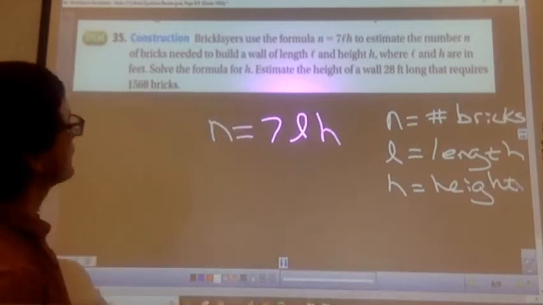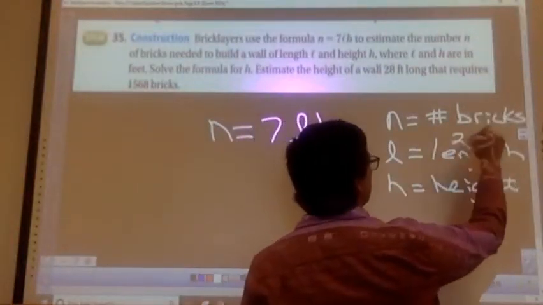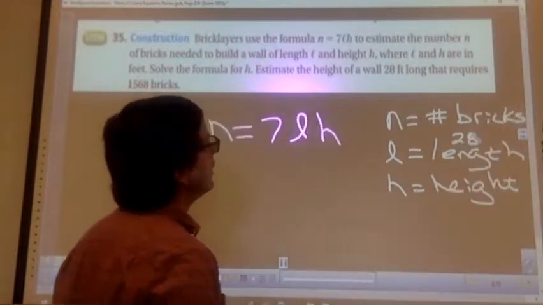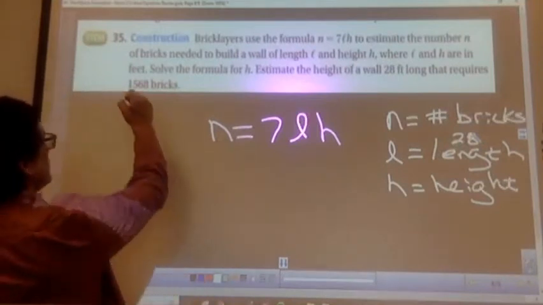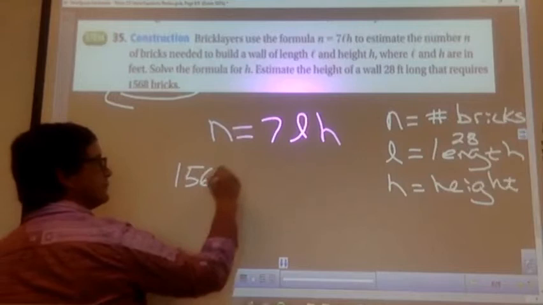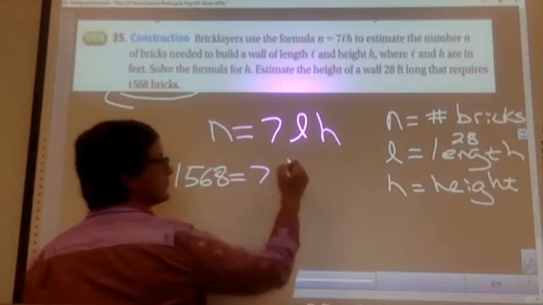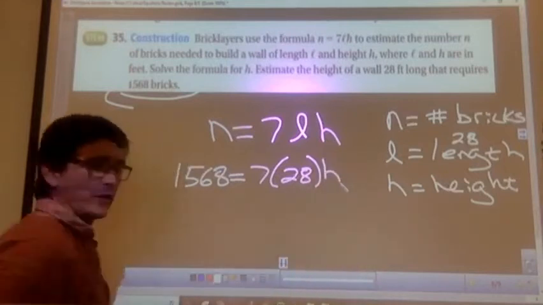They tell us that the length is 28. We don't know the height. We know the number of bricks, which is here. Length is 28, and we don't know the height.